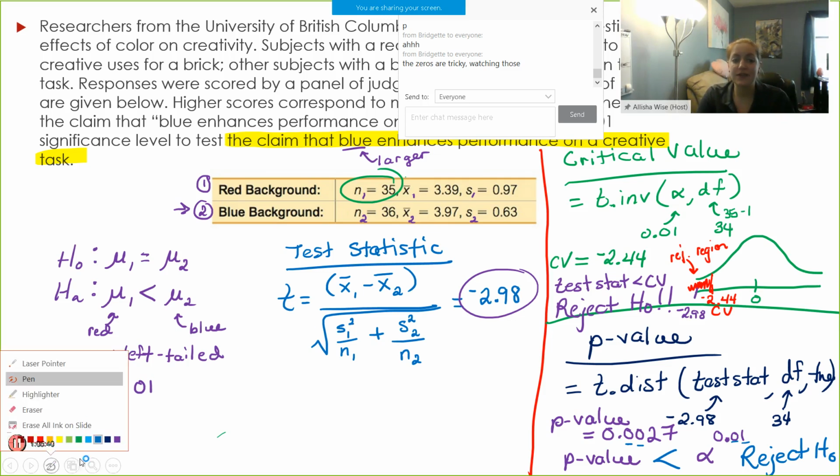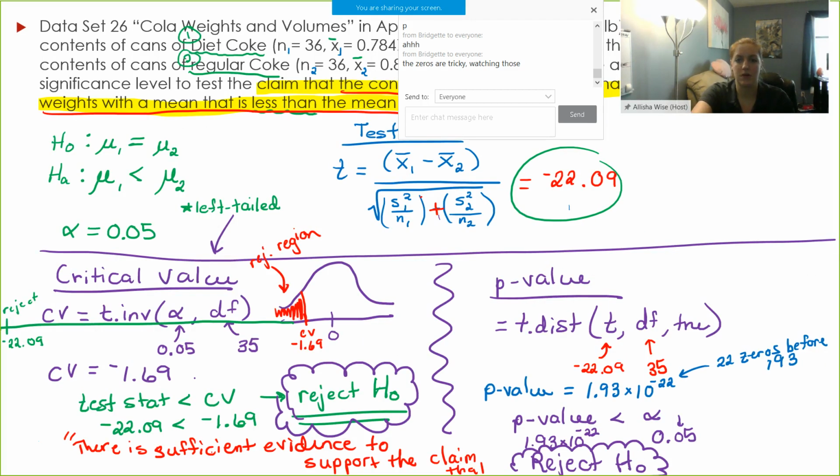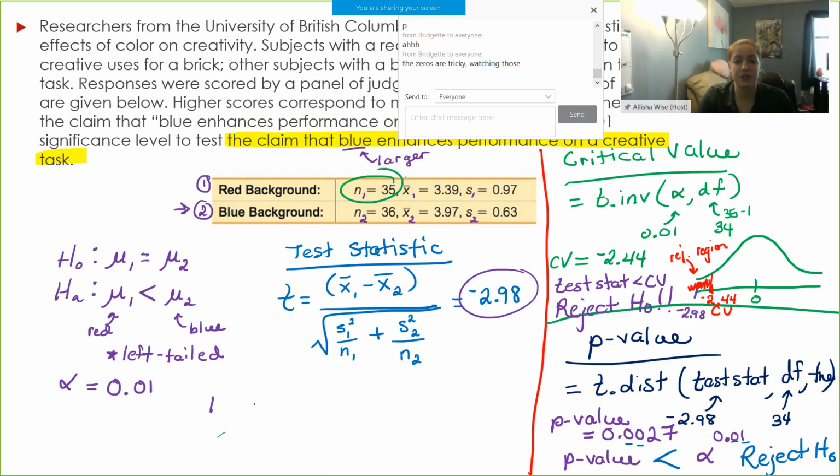Okay, so the last thing I want to leave you with is our conclusion. If we reject the Ho, it's the same situation.